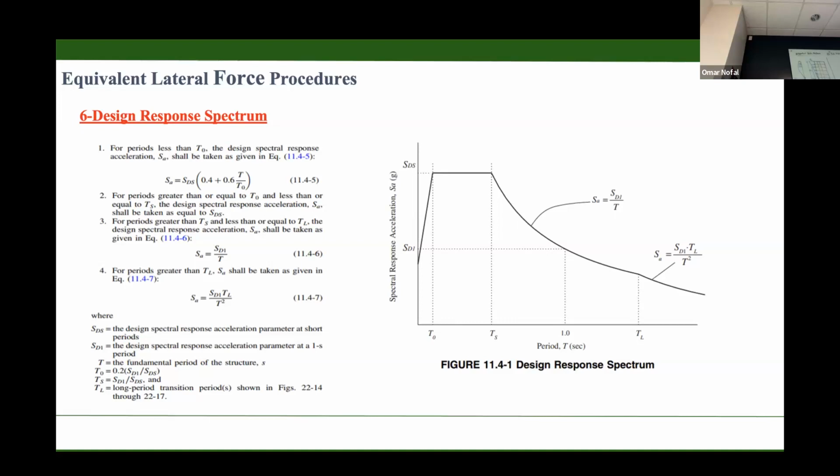If your structure has a fundamental period from this to this, you will have to use this one. If your structure has a period from here to here, you'll have to use this equation. Okay, so this is the response spectrum that the codes are using. Okay, so let's get back to how to determine these parameters.